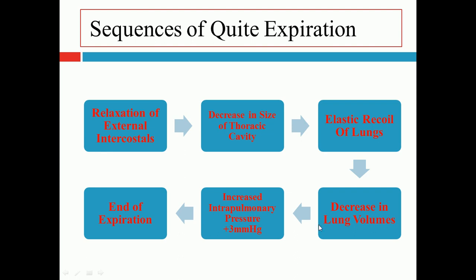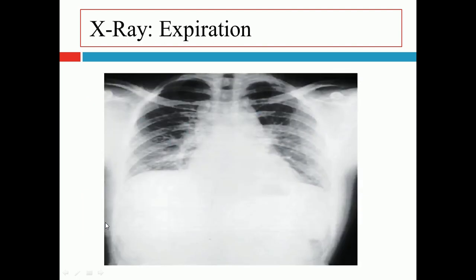This will cause decrease in lung volume. Increased intrapulmonary pressure, that will actually cause +3 millimeter of mercury. Like this will become 763 millimeter of mercury. This will cause end of expiration.